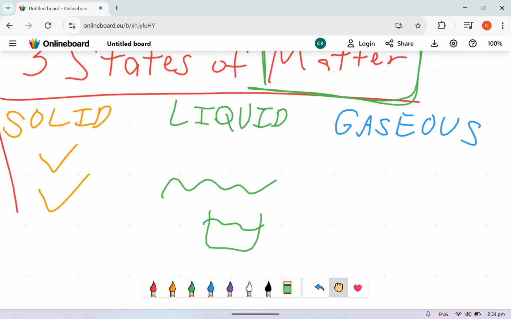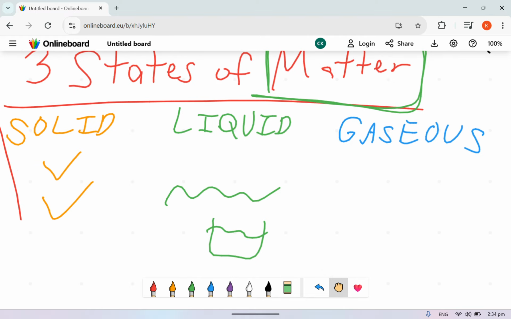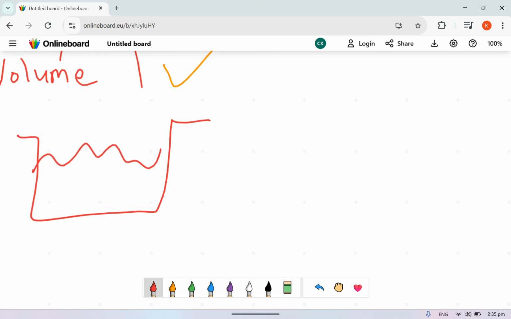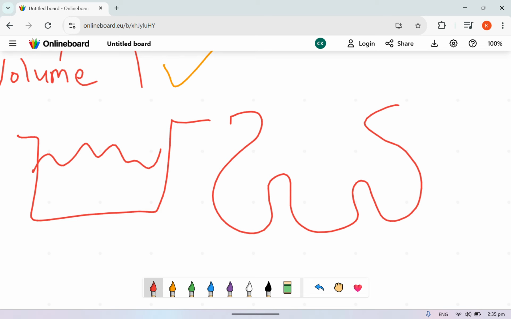So, do liquids have a fixed shape? Hmm. Now, liquids actually don't have a fixed shape. I'll explain why right now. Okay, now if I have a little jar of milk and I pour it into this weirdly shaped jar. Okay, wait, sorry.